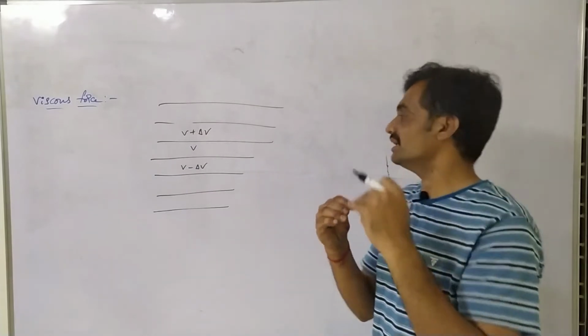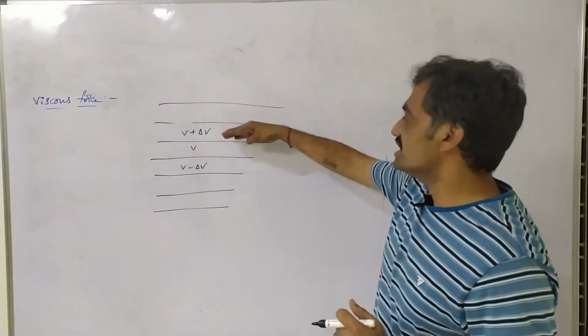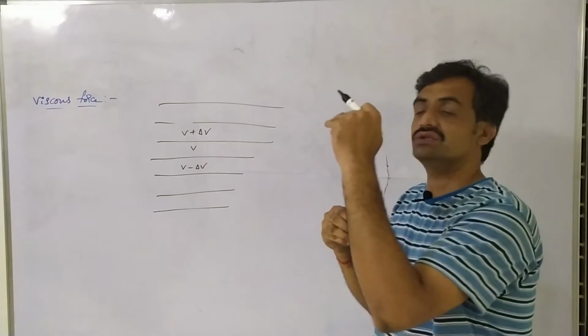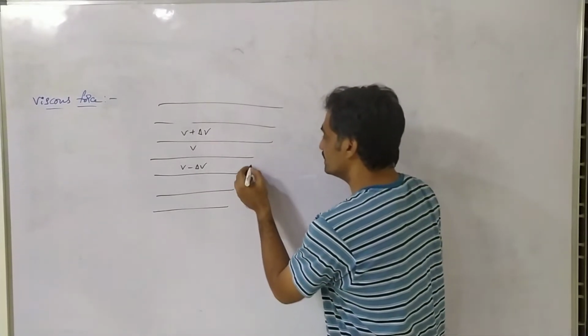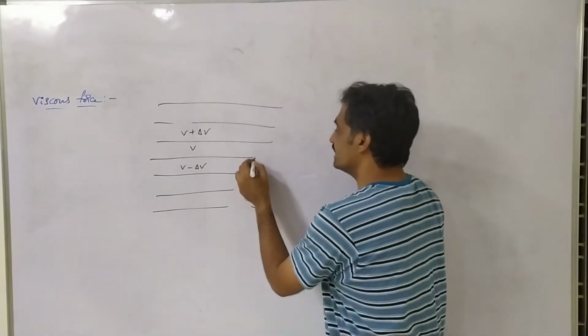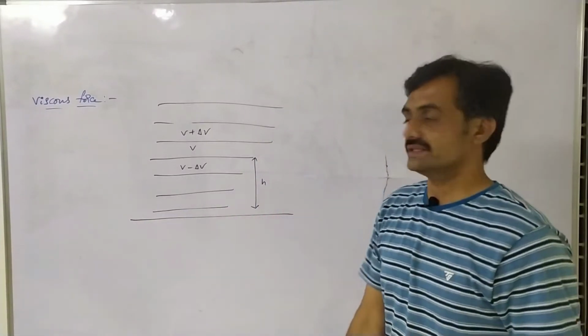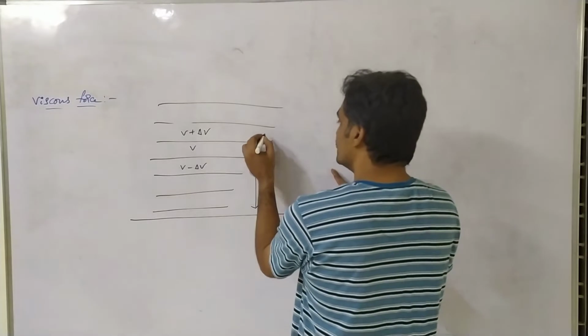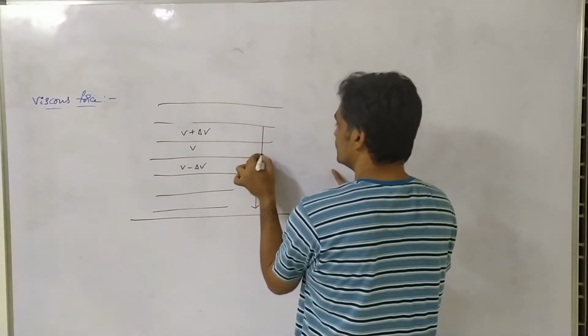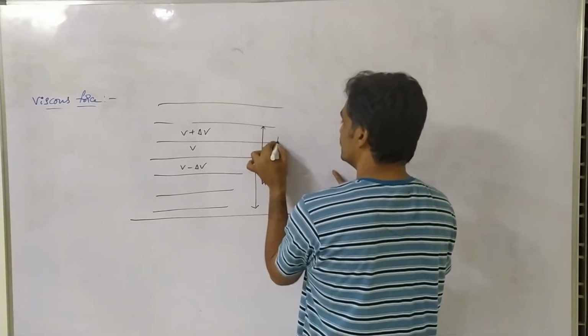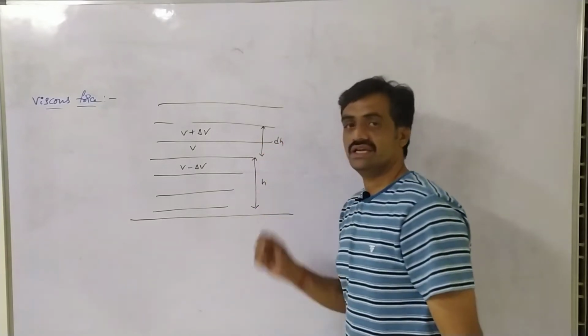Observe that there is a change of delta v from one layer to another. Now if we consider this layer is at a height h from the bottom of the fluid, the change in velocity corresponds to a change in height dh.